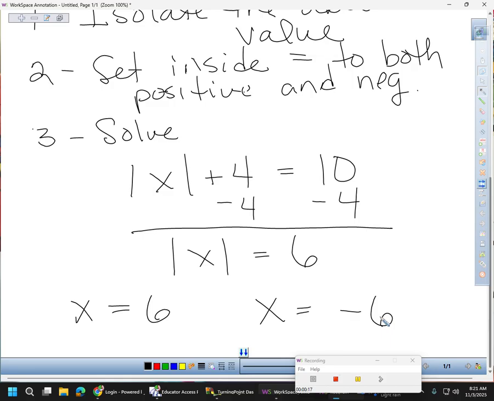This part right here? Okay, as soon as I get these lines by themselves, with nothing added to it and nothing multiplied by it, then I take what it's equal to, set it equal to the positive of it, and set it equal to the negative of it. That's just going to be our steps every time.